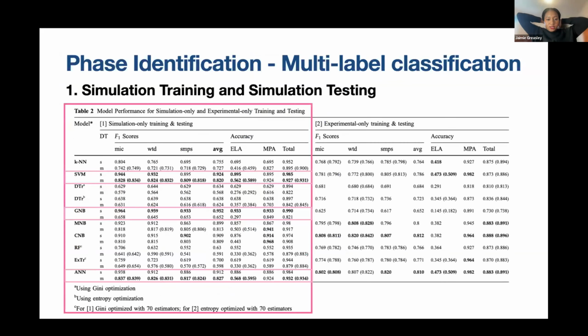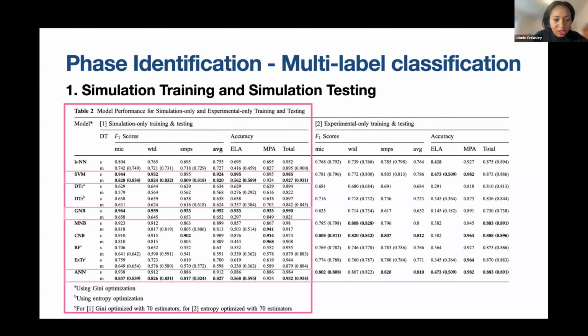So in terms of results, for the first one, just looking at simulation data, SVM and ANN did pretty well. Just look at the total accuracy and the average F1 score.